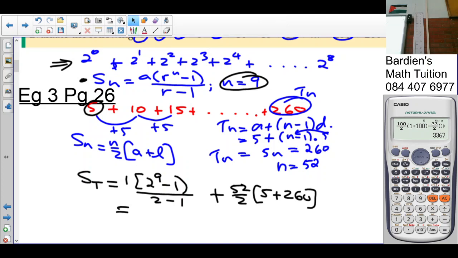That's going to give us 2 to the exponent 9 minus 1 over 2 minus 1 plus 52 over 2 into (5 plus 260), which gives you 7, 4.